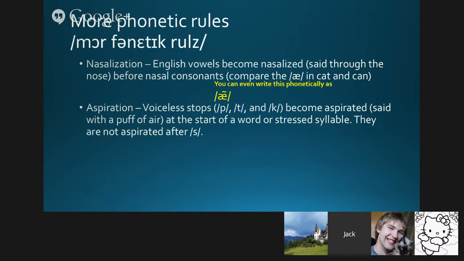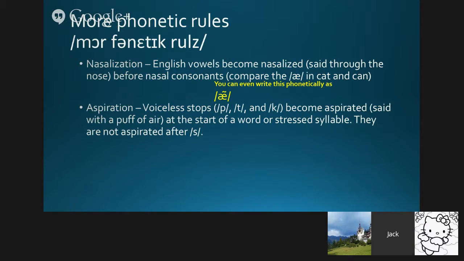But when you say b, you should feel a lesser puff of air. If you're feeling the same thing, try making a bigger puff of air when you say the p, because in English that p will be aspirated, but b will not. After an s, this doesn't happen: p, but sp. You should feel that big puff after p but not after sp.